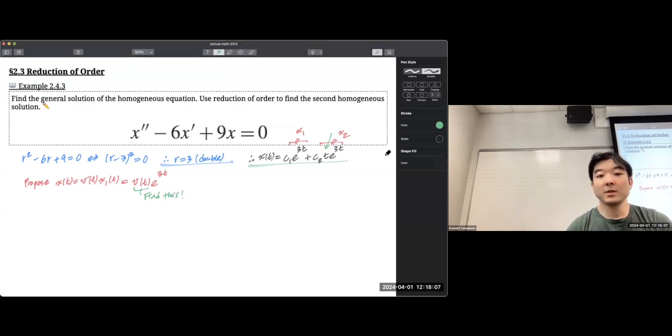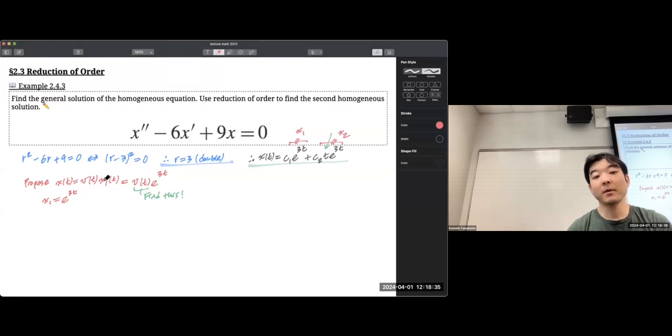Okay, so we already know that x1 is equal to the one homogeneous solution we know. You could say c1 times e to the 3t, but it really doesn't matter. Your v of t will have this additional arbitrary constant, and you could just pick one is fine. So c equal to 1 is fine.